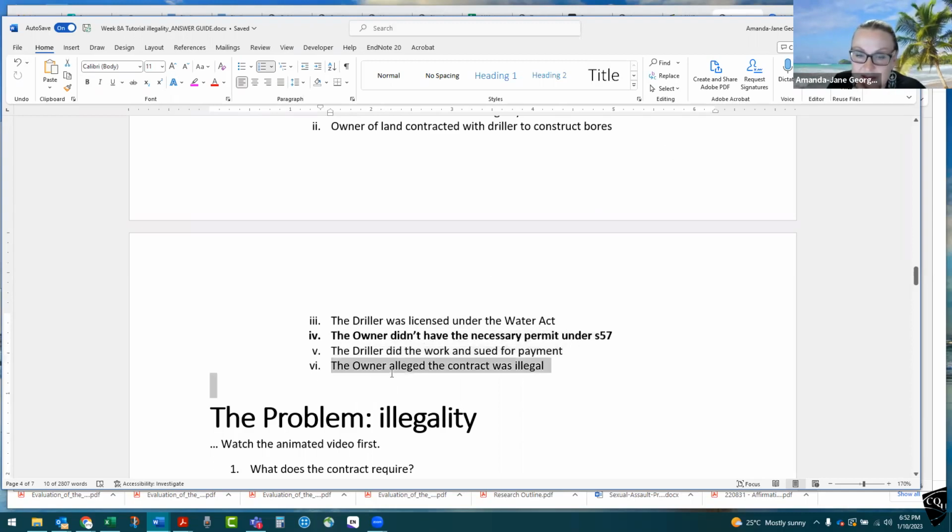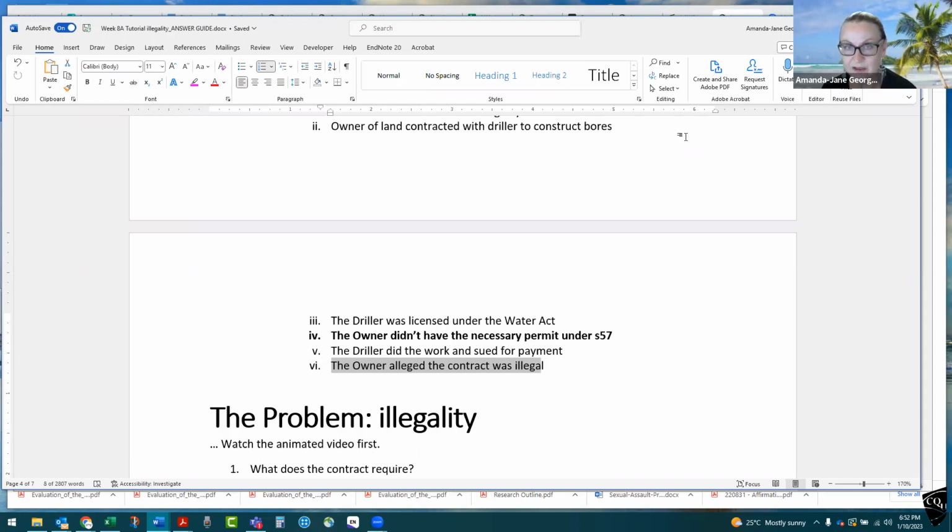The owner alleged that the contract was illegal. Now, the Water Act didn't say a contract for drilling holes to construct bores without a necessary permit for the owner's land is illegal. So it wasn't express illegality. The Act didn't say it's illegal to drill for bores on an owner's property if the owner doesn't have a permit.